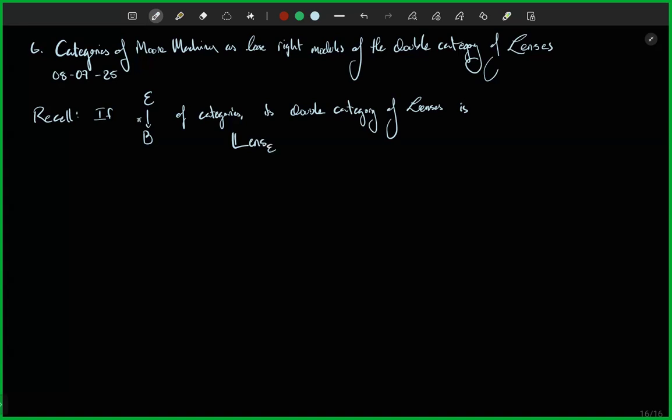I'll usually put Lens E instead of Lens π, but it really is Lens π. It's defined to be the spans in the adequate triple E, vertical, Cartesian.